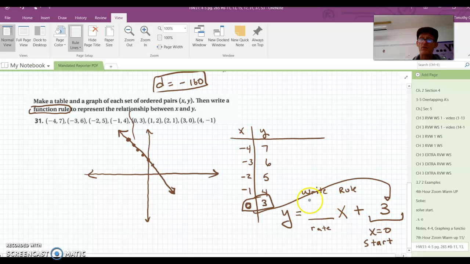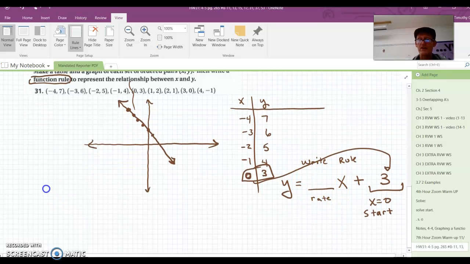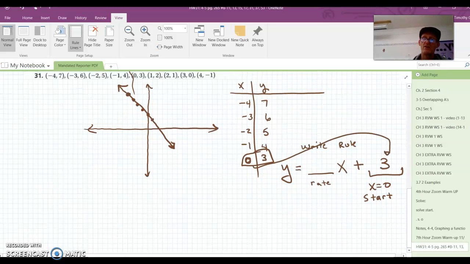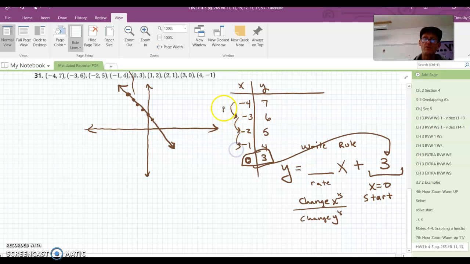Now, we got to find some kind of rate, some kind of change. So this is the change in y divided by the change in x. If we look at the x's, x goes up by 1, plus 1, plus 1, plus 1.